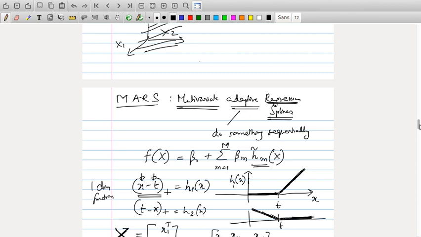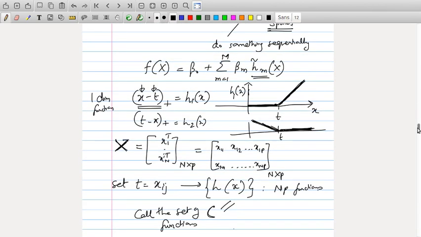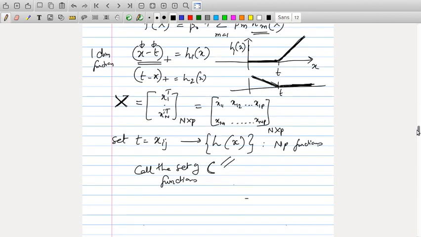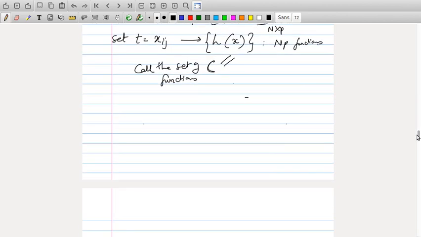So how do I now build my MARS model? It's going to be sequential again. Maybe I should motivate it with an example directly.